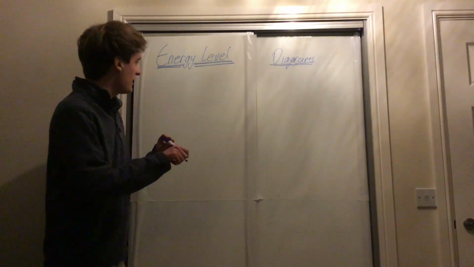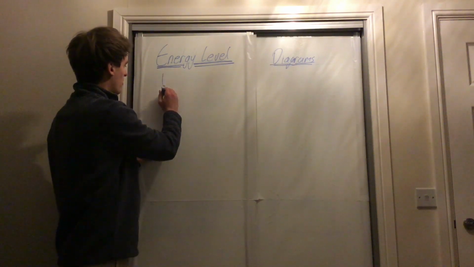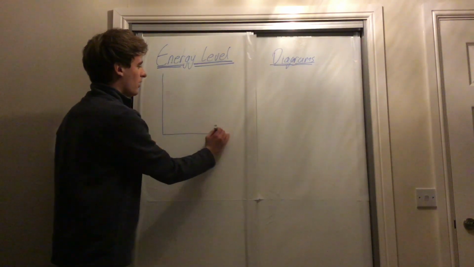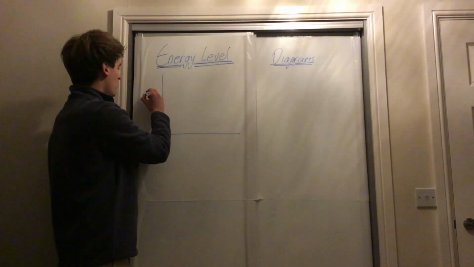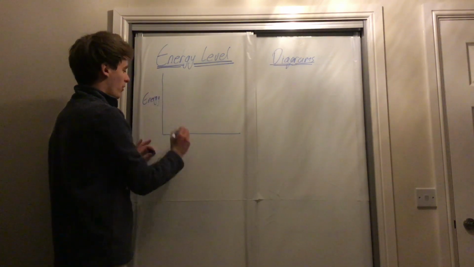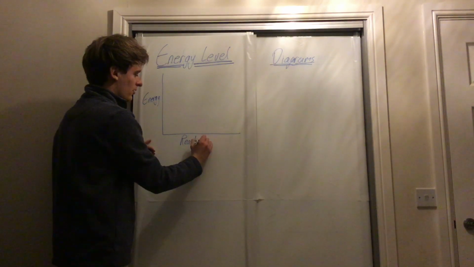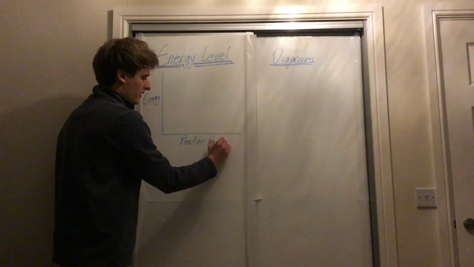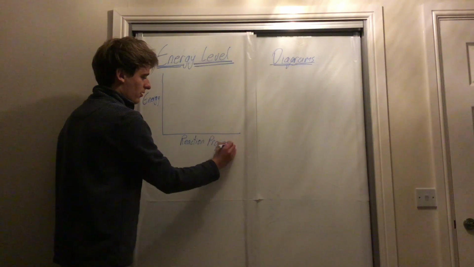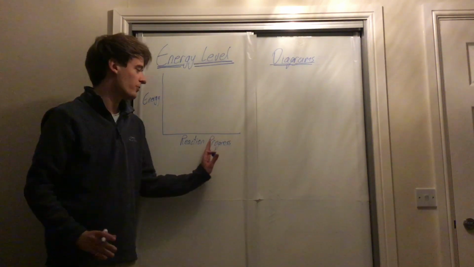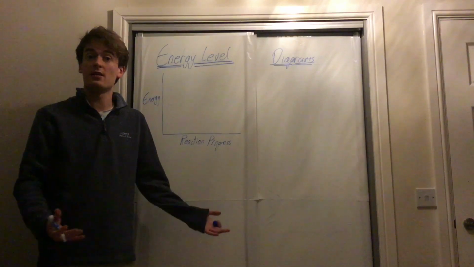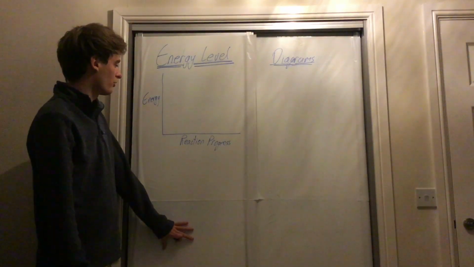Energy level diagrams are shown on an axis where we have energy on the Y and reaction progress on X. This reaction progress is otherwise often called reaction coordinate.